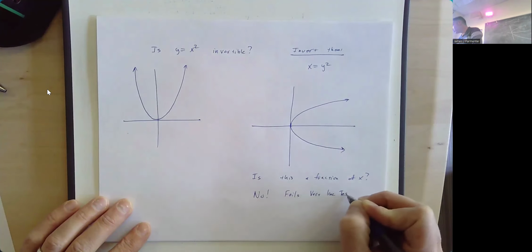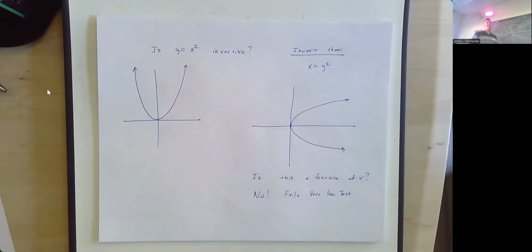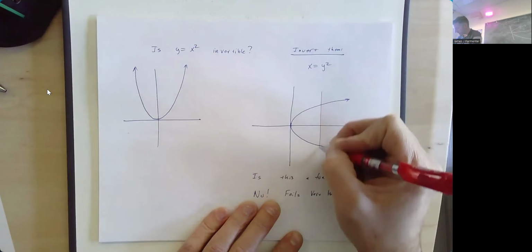Now, there's another way I'd like you to think about this because I think it's a little bit more useful. You're not always going to have a graph. You're not always going to see graphically that something fails a vertical line test. Another way of knowing that this is not a function is that one x input gives you multiple y outputs. Fun fact, that's the same as failing the vertical line test.